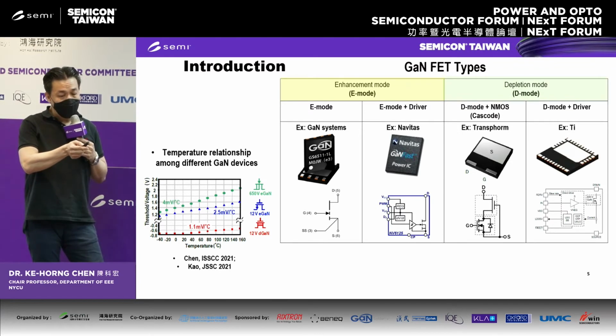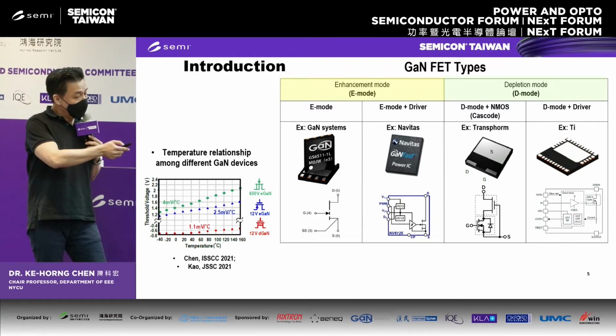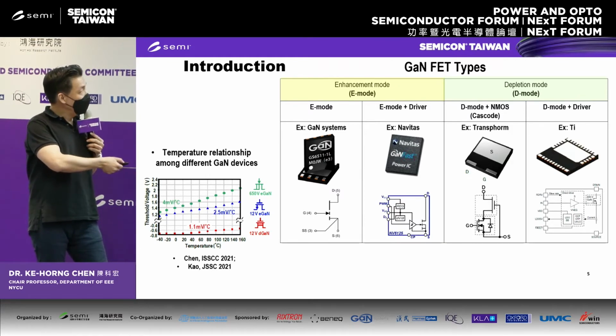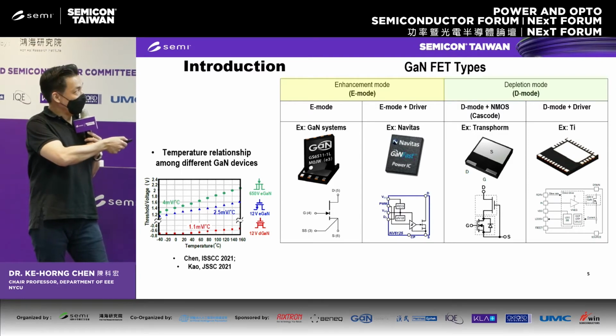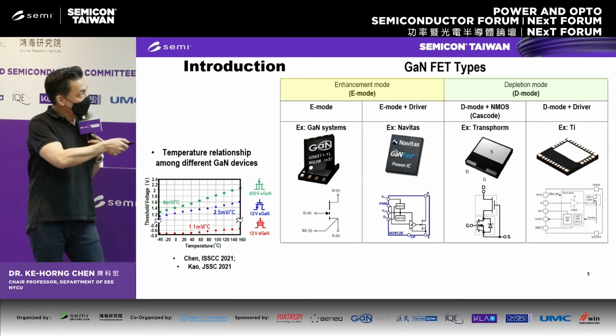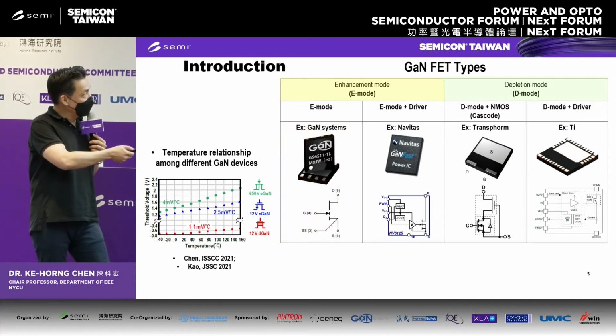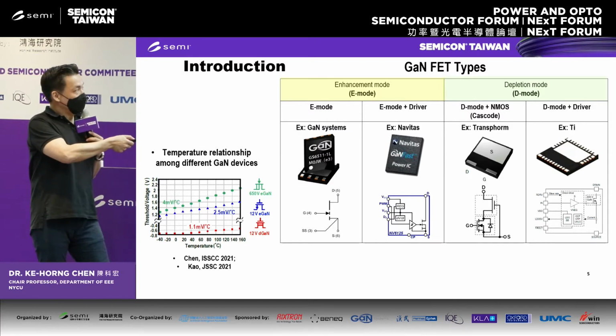According to their names, eGaN is an enhancement-mode GaN. The other name is normally off device, while the dGaN is the normally on device.